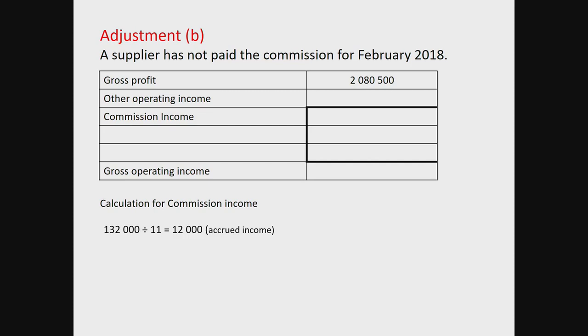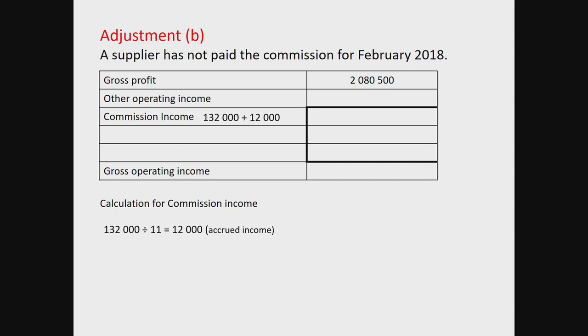If it's accrued income, then normally we take the total that we have in the trial balance and add the amount that is accrued so that we can get the final answer in your income statement. So the calculation for the accrued income is 132 divided by 11, which gives you 12,000.